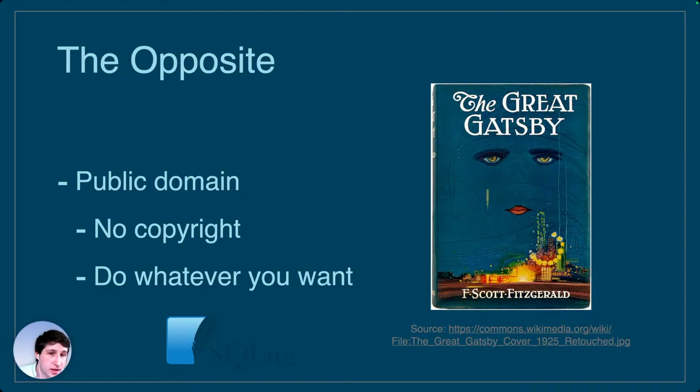So I can take The Great Gatsby, which is now out of copyright and in the public domain, and decide, you know what? I'm going to make my own book that I'm going to call The Great Gatsby, decide that it was written by me and start selling it. You could actually do that. There's nothing illegal about that. You can take anything in the public domain and do whatever you want with it.